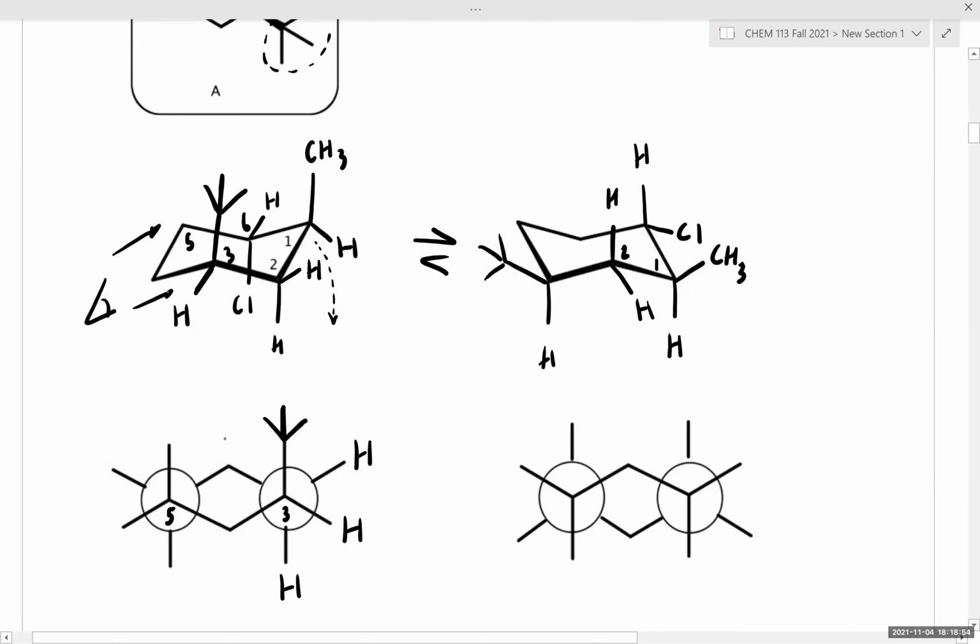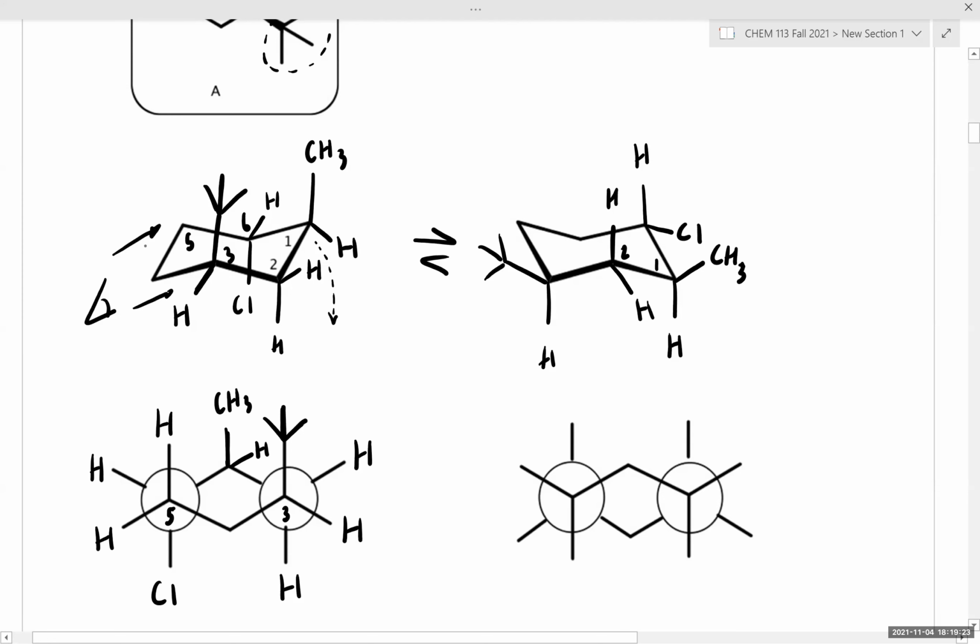From here now, we have a methyl group in the axial position and a hydrogen in the equatorial position. Okay, looking at carbon 6, we have a hydrogen in the equatorial, chlorine in the axial position, carbon 5 just has hydrogens.